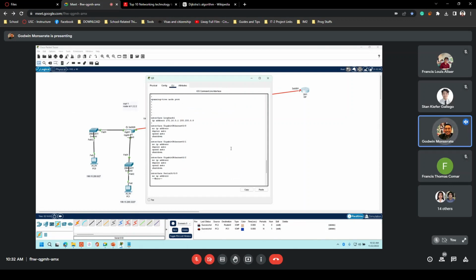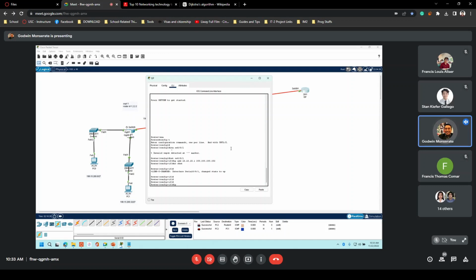So S001 wala pa IP addressing. So config enable, config t, int SE0/0/1, IP add 10.10.10.1 255.255.255.252 enter, no shut.